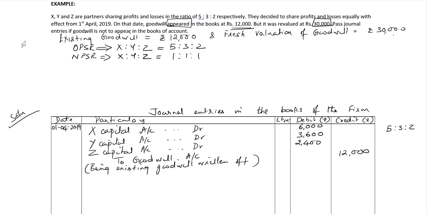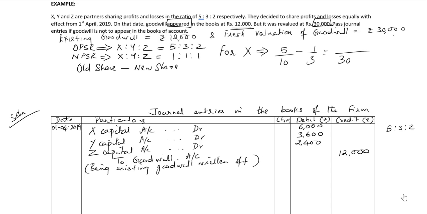So let's do old share minus the new share. For X, old share 5 by 10 minus new share 1 by 3, LCM 30, positive 5 divided by 30, X has sacrificed.